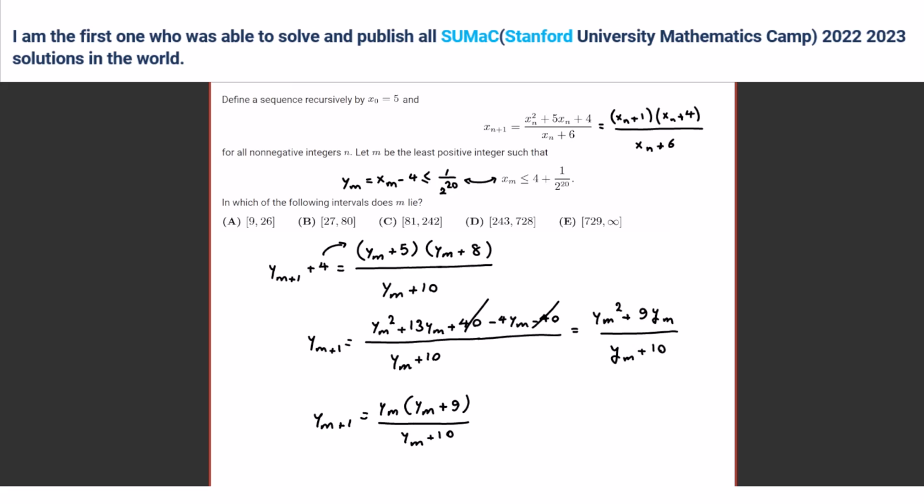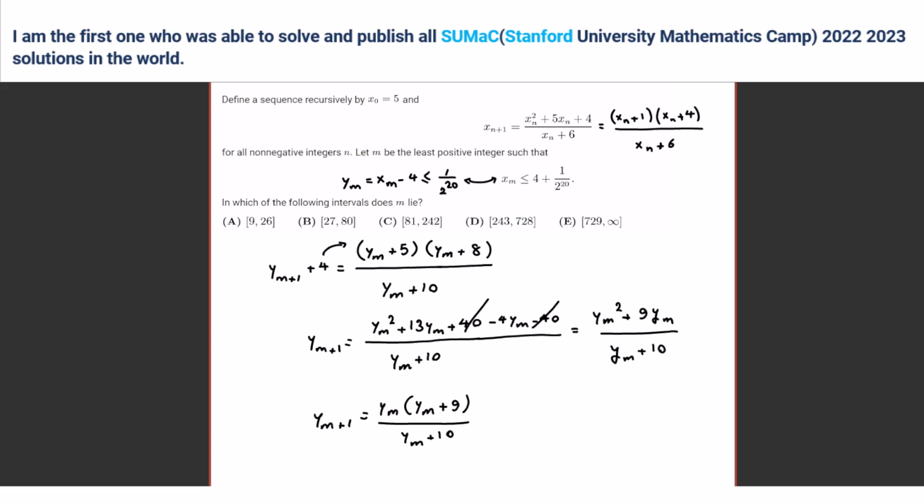Mm-hmm. And we want to see the least m such that y_m is less than or equal to 1 over 2 to the 20, right? Yeah. So let's calculate. The most useful idea can be what? A small example.